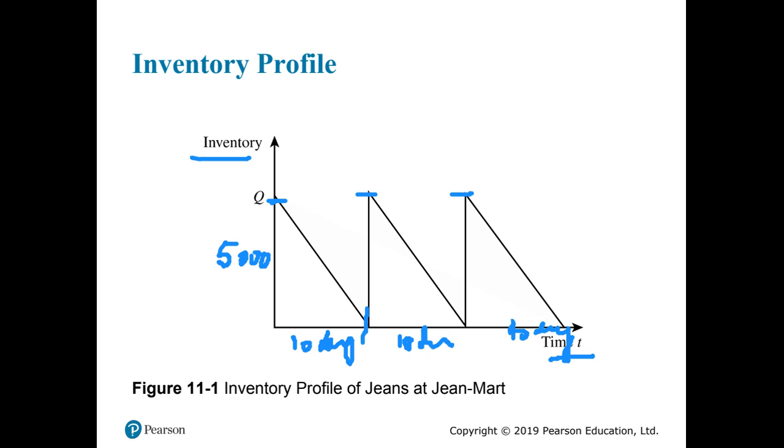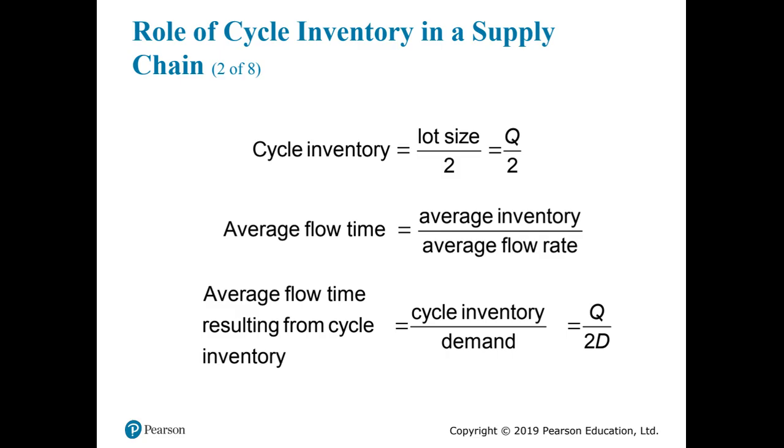Okay, so cycle inventory is basically the lot size divided by 2, Q divided by 2. Q is the lot size, and we're going to divide it by 2. Lot means the overall inventory size that we are going to order at one point in time.